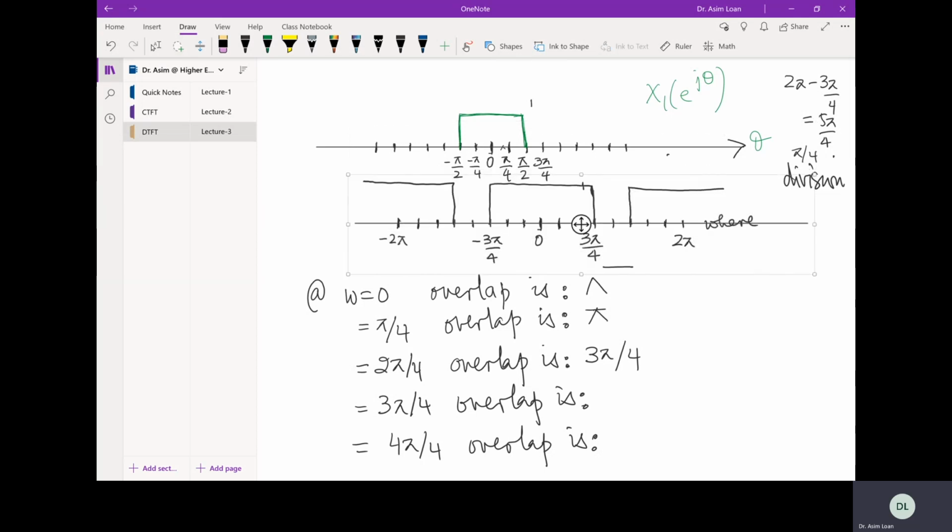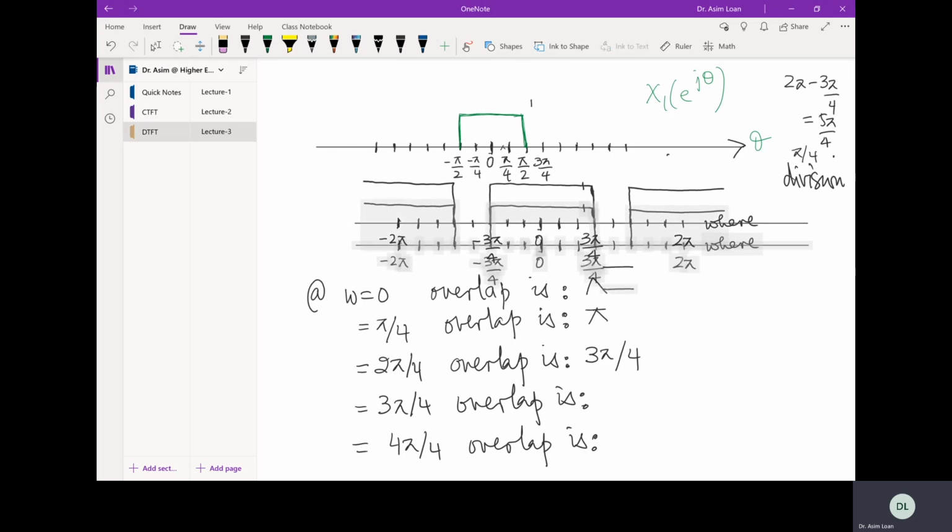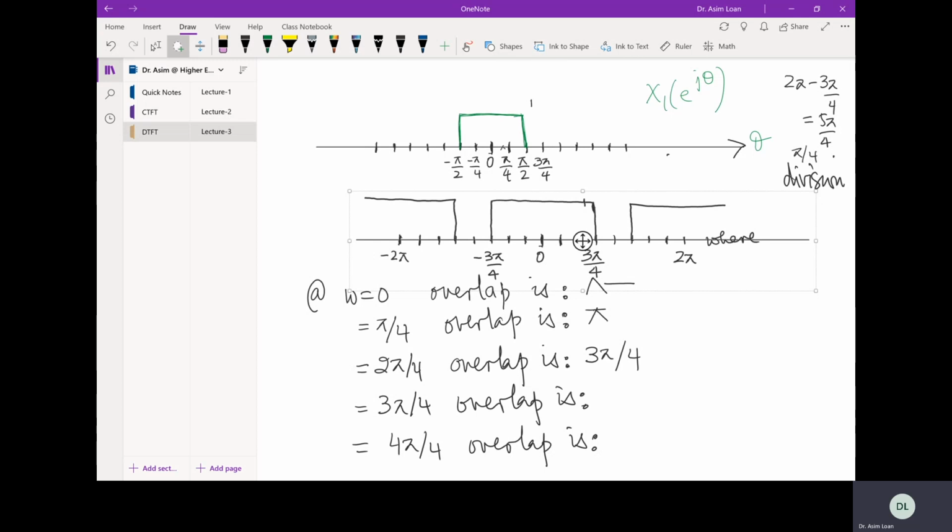So there are only 2 overlappings. Let me bring this down here. There are only 2 pi by 4s that are overlapping. So maybe I write it like this.